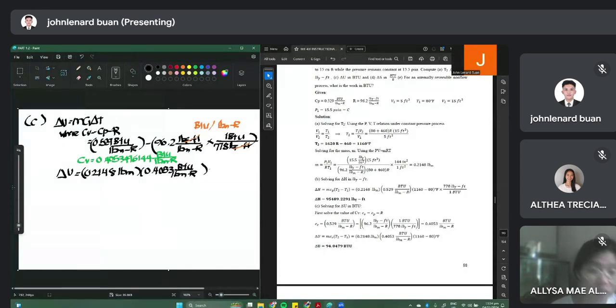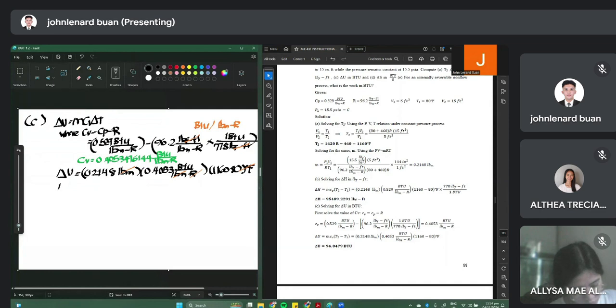And then, we also have here yung temperature po natin, in degree Fahrenheit, which is equal to Rankine. Cancel, cancel, cancel. 116 minus 8 will give us 94.